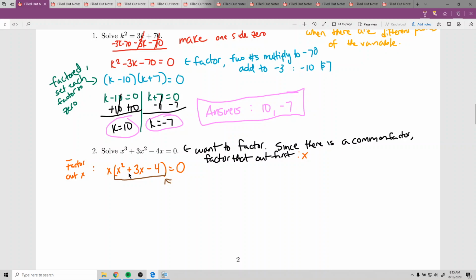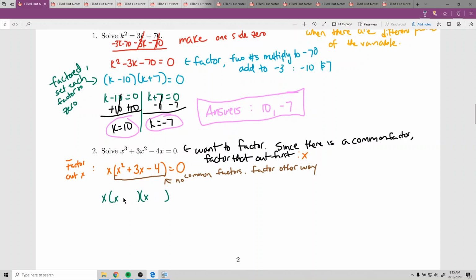There's also not a number in common. So this one we want two numbers that multiply to -4 and add to +3.